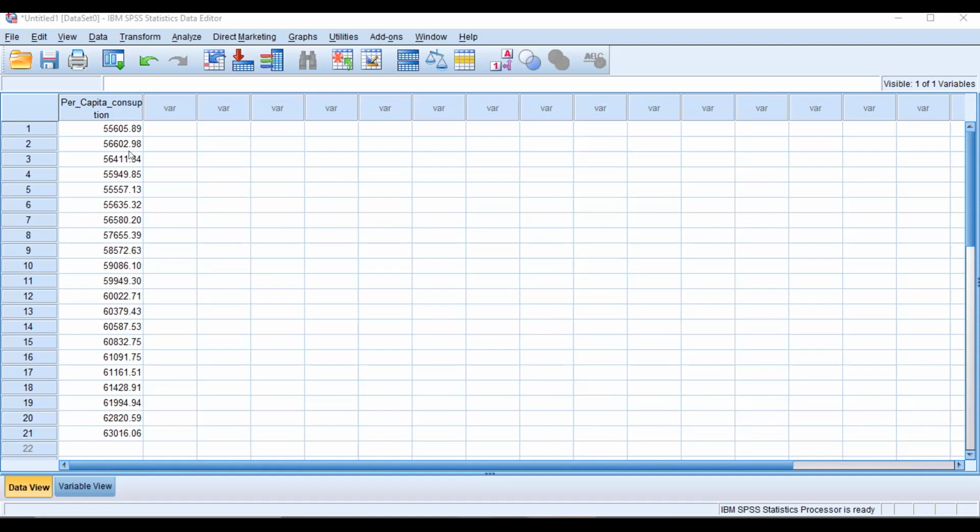So what should be my hypothesis? My hypothesis will be a null hypothesis, because in statistics we follow the standard norms of hypothesis formulation. Our null hypothesis is that this group of people, the 21 people in this data set, are spending money on their standard of living equal to 4,500 rupees.